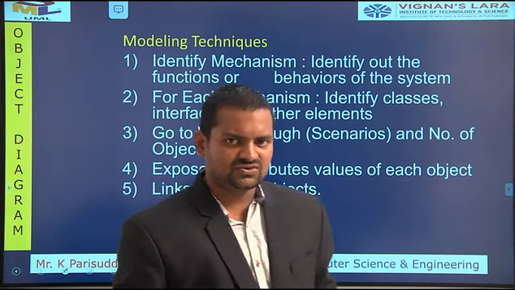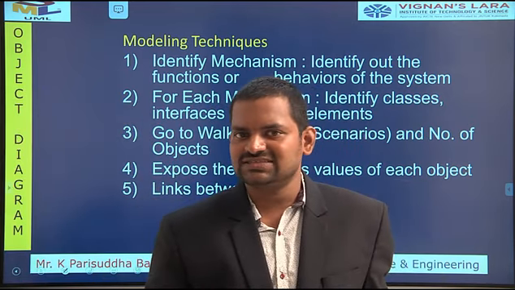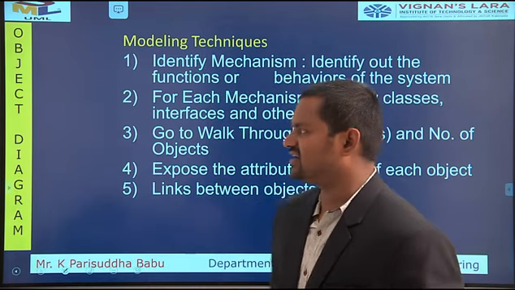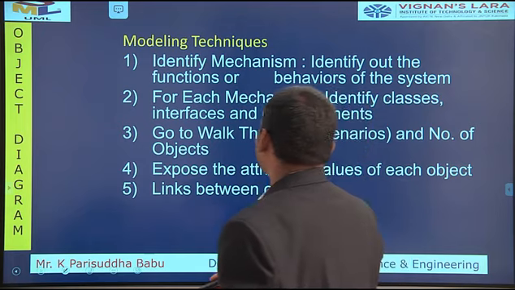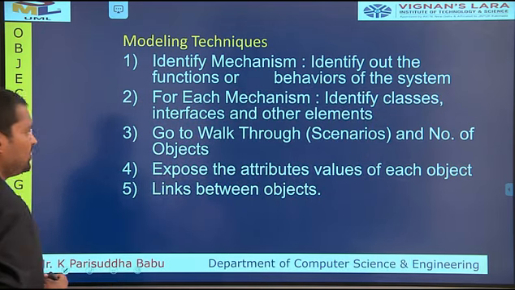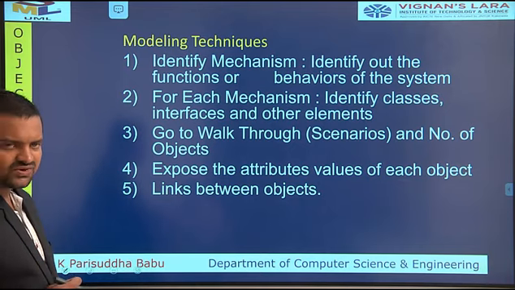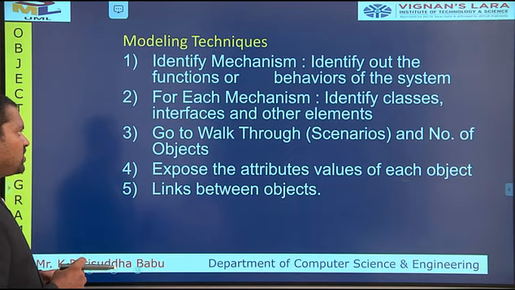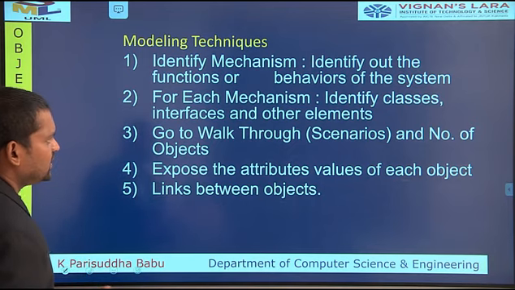So if you identify the class, automatically you identify the object. For each mechanism, identify classes, interfaces and their elements. So using some scenarios, that is, go to walkthrough scenario.